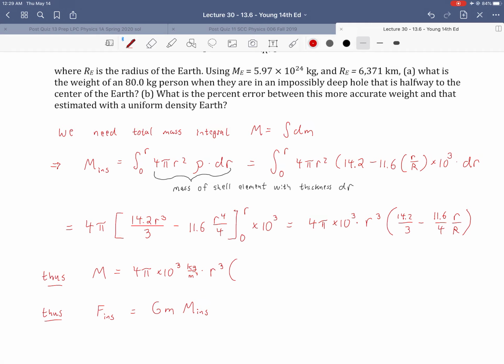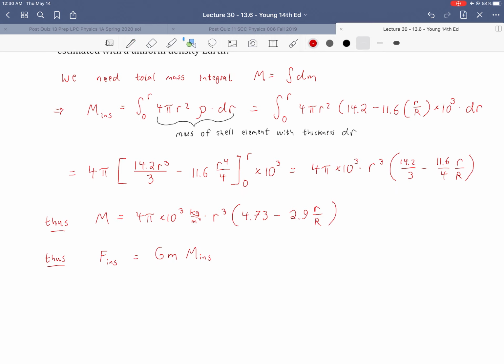And then 14.2 divided by 3, which is 4.73, and then minus 11.6 divided by 4, which is 2.9, and then r over r. Good. So now that's my mass inside.